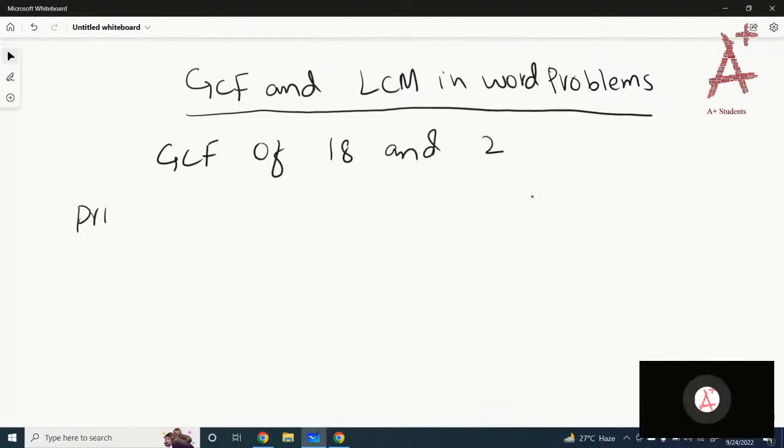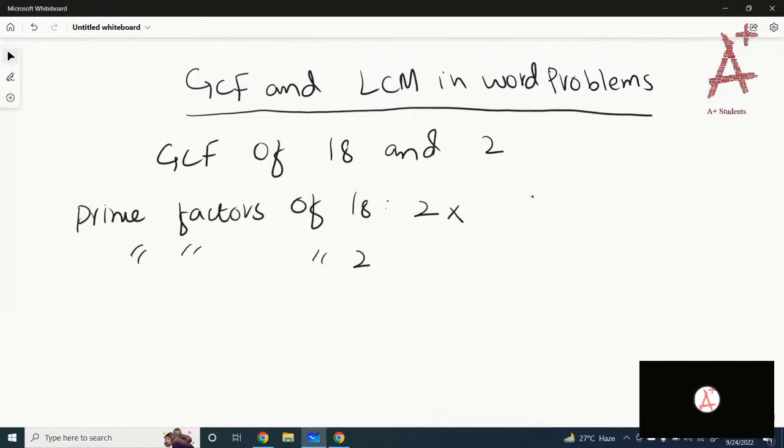So you have to write the prime factors of 18, and then you have to write the prime factors of 2. So the prime factors of 18 are 2 times 3 times 3, and the prime factors of 2 are 2 times 1.